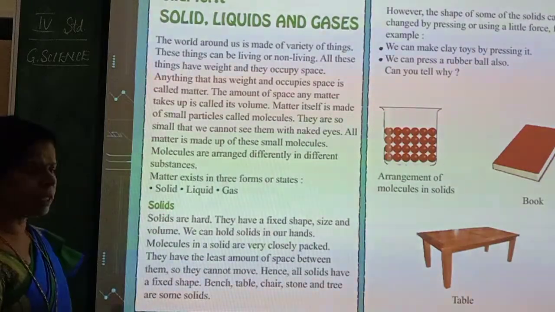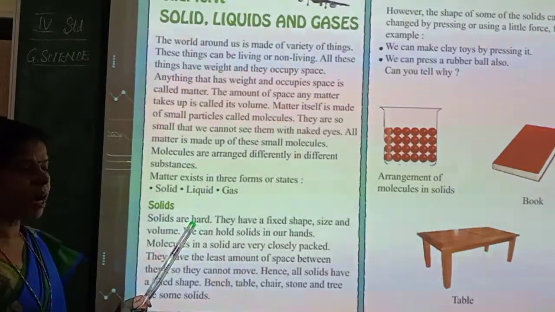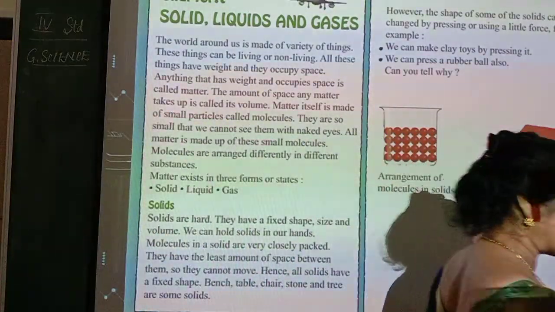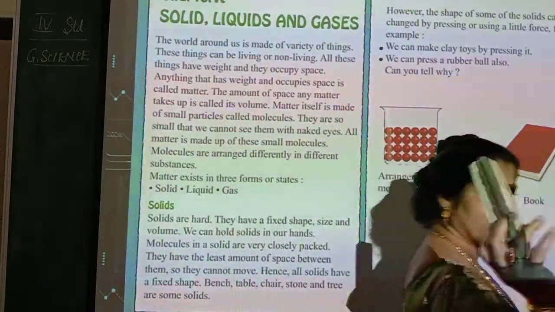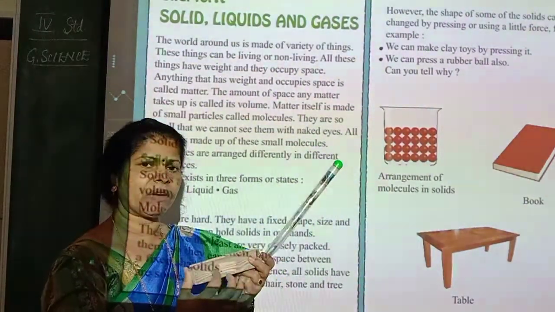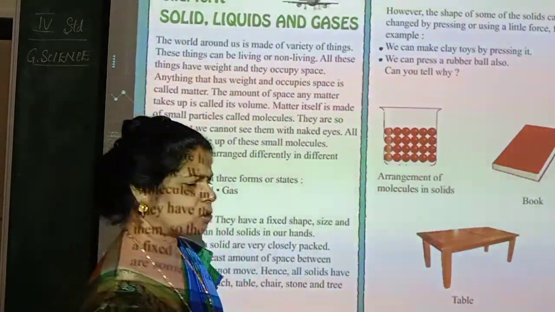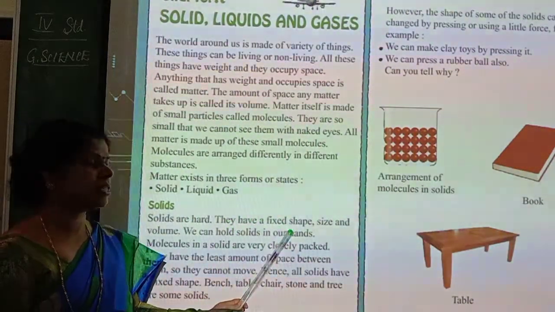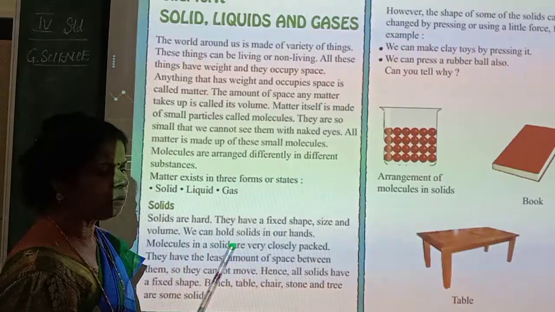Now coming to solids. Solids are hard. How is it? It is hard to touch. Now for example, you see the duster here. If you touch it, how is it? It's very, very hard. Okay? So solids are hard to touch. They have a fixed shape, size and volume.